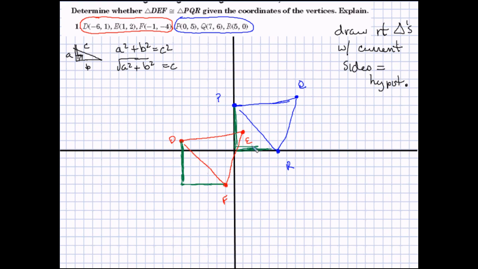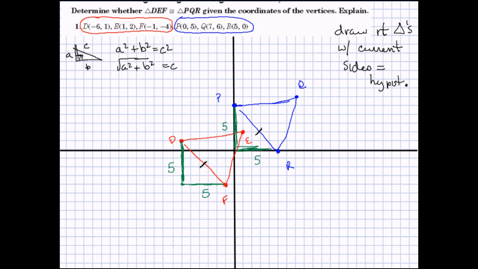Does that make sense? Okay, so I'm going to count 1, 2, 3, 4, 5. 1, 2, 3, 4, 5, and then 1, 2, 3, 4, 5, 1, 2, 3, 4, 5. So these are the same lengths, so that makes these the same. So far okay?